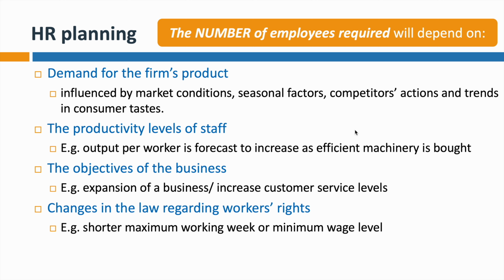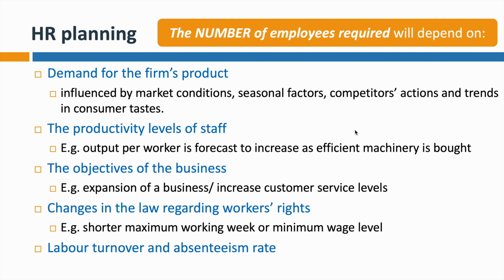If we have a short maximum working week, we're probably going to need to employ more employees. If we have our wages set on some minimum level, maybe it's going to decrease our number of employees. We're probably not going to be able to afford to pay as many.